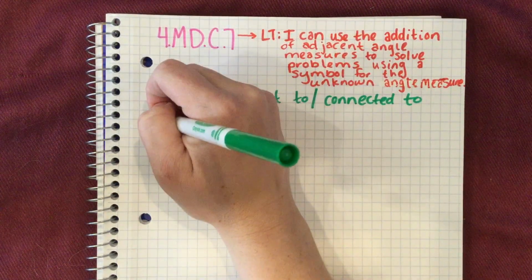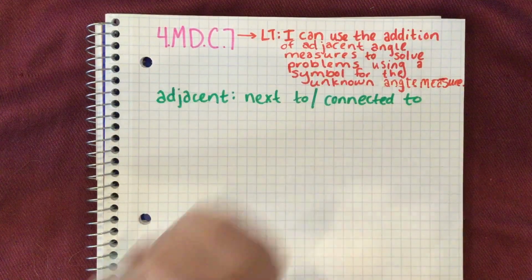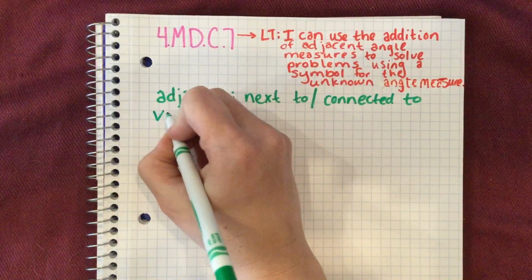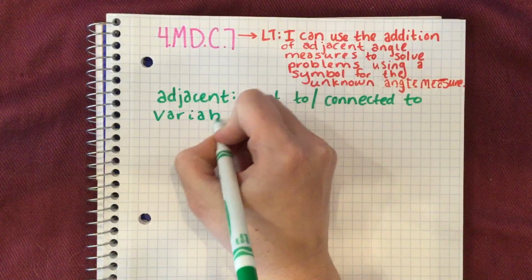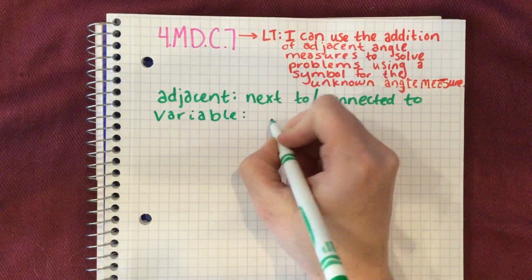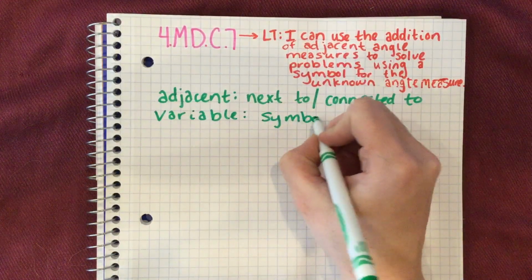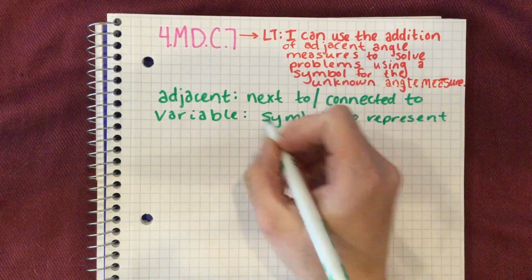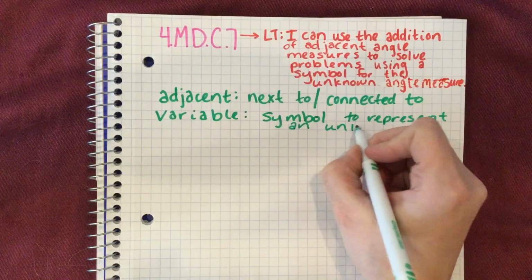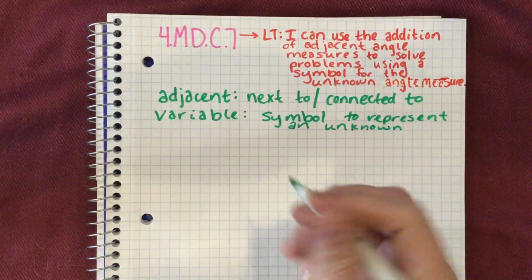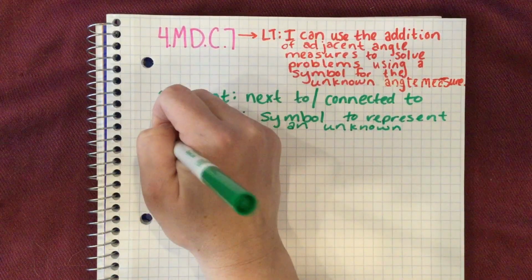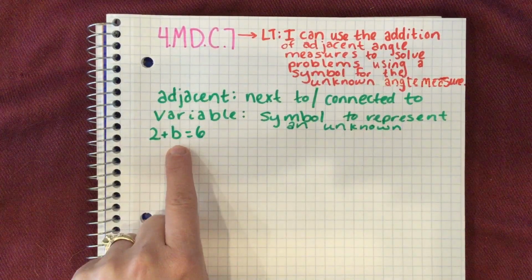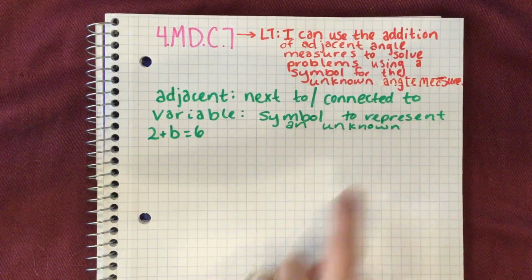So again, this is coming back to something that we talked about before our real remote learning started. We started talking about variables. It's a symbol to represent an unknown. So for example, if I said 2 plus b equals 6, b is a variable because it represents an unknown.